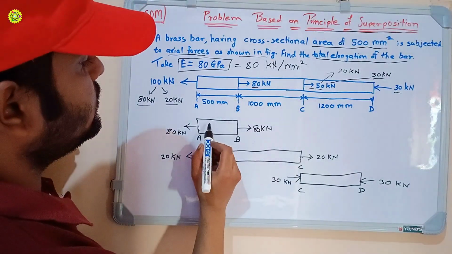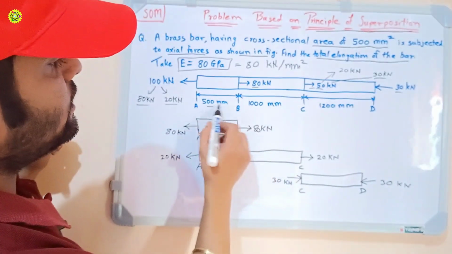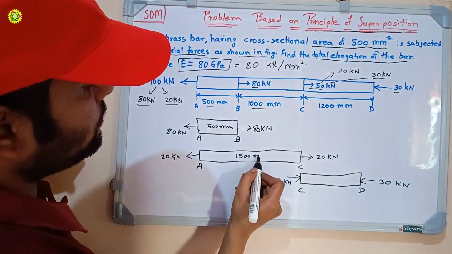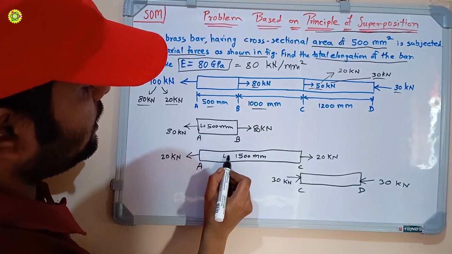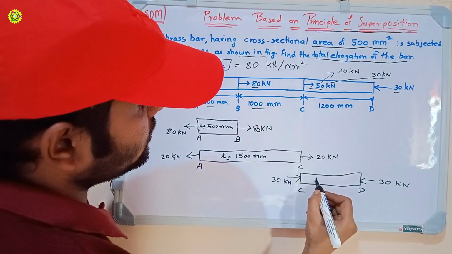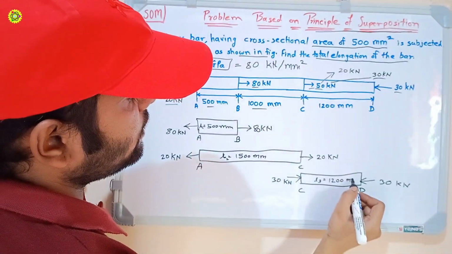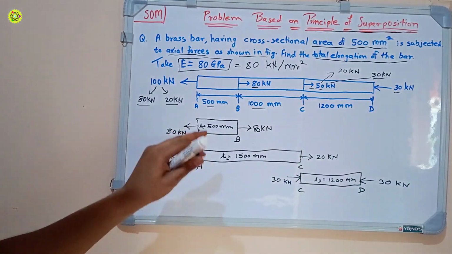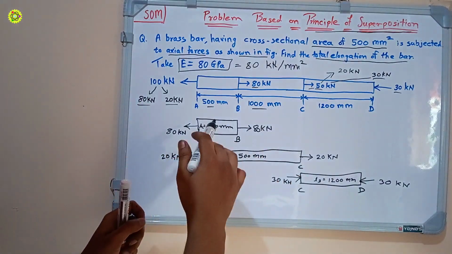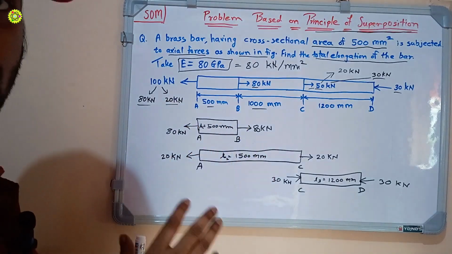Here the length is 500 mm, and 500 plus 1000 is 1500 mm length. So this is L1, this is L2, and L3 is 1200 mm. We have simplified this brass bar into sections and divided the forces acting on each section.